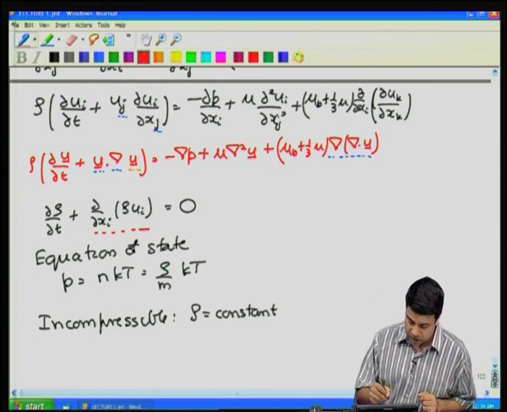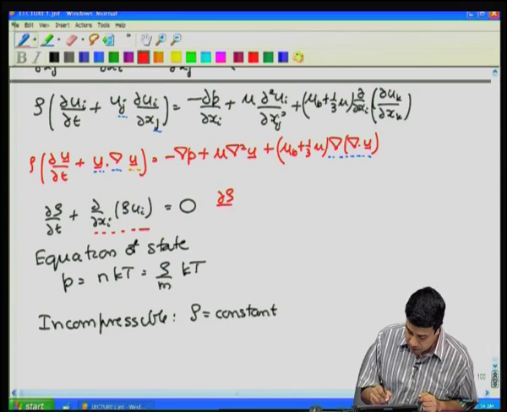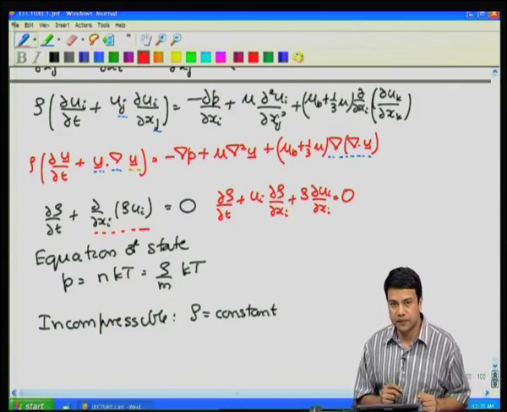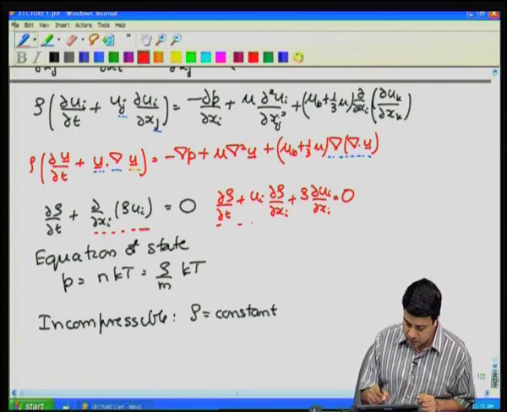So, if I use the chain rule for differentiation, this becomes partial rho by partial t plus u_i partial rho by partial x_i plus rho partial u_i by partial x_i equal to 0. And these first two terms put together are d rho by dt.